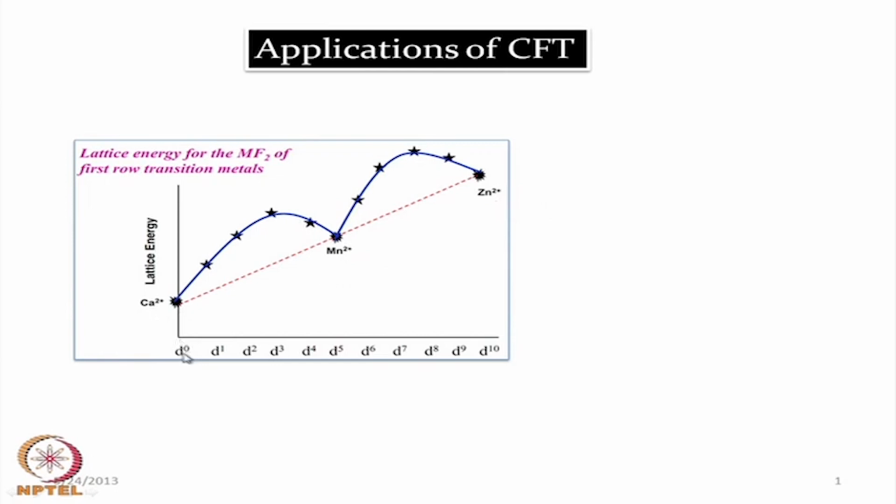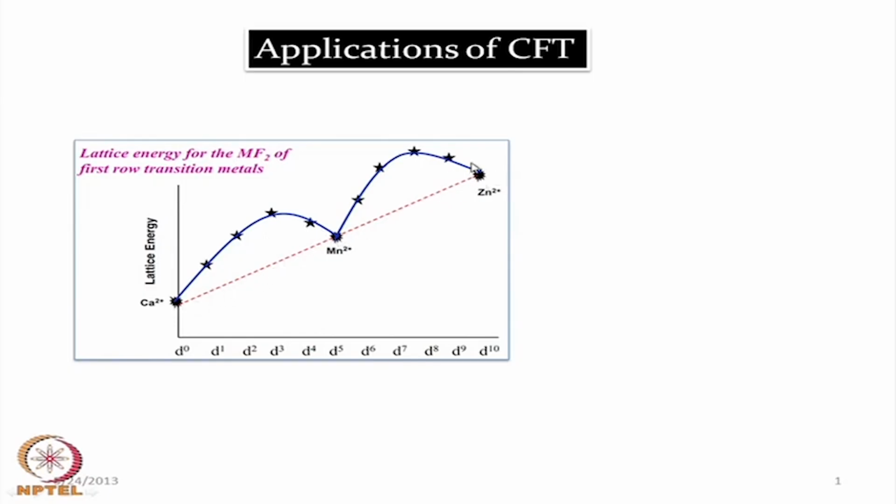So, these 11 elements, if we plot them in this fashion, we will see that the occupation of these d levels contributes differently towards the lattice energy term for these transition metal ions. When we go from d1 to d2 to d3, it again drops at d4 and again comes back to the linear straight line.